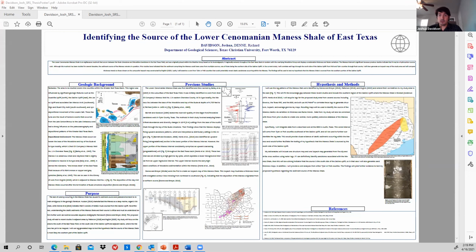This isopach map was correlated across the San Marcos Arc and into the East Texas Basin in South Texas and East Texas. It illustrates a northeast to southwestern depositional trend, which indicates the direction of source, which is going to be important to my study because I'm going to be doing something similar.